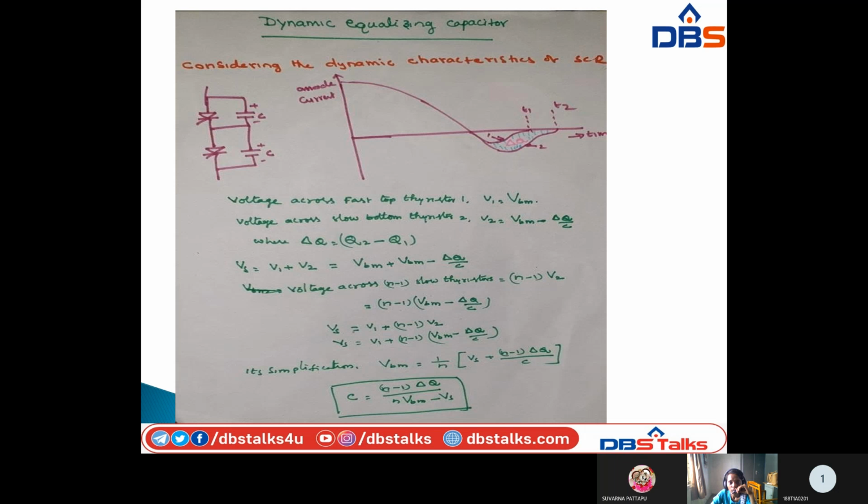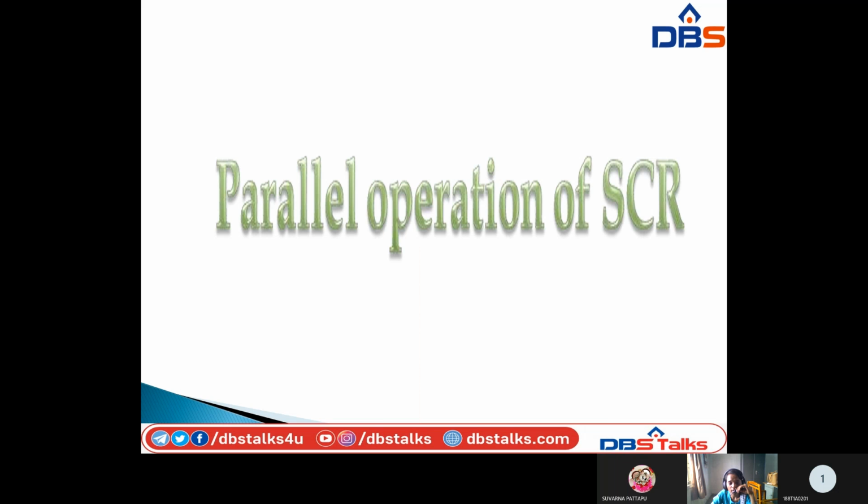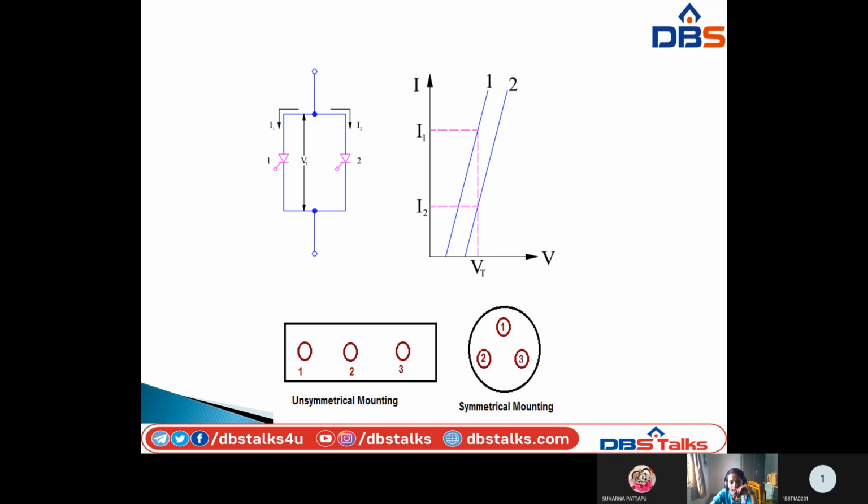Next, parallel operation of SCRs. In parallel, the voltage will be the same, but the current will be different. The current in thyristor 1 is I1 and the current in thyristor 2 is I2. When you draw a graph between voltage and current, the current in thyristor 1 goes on increasing, and the current in thyristor 2 also goes on increasing.